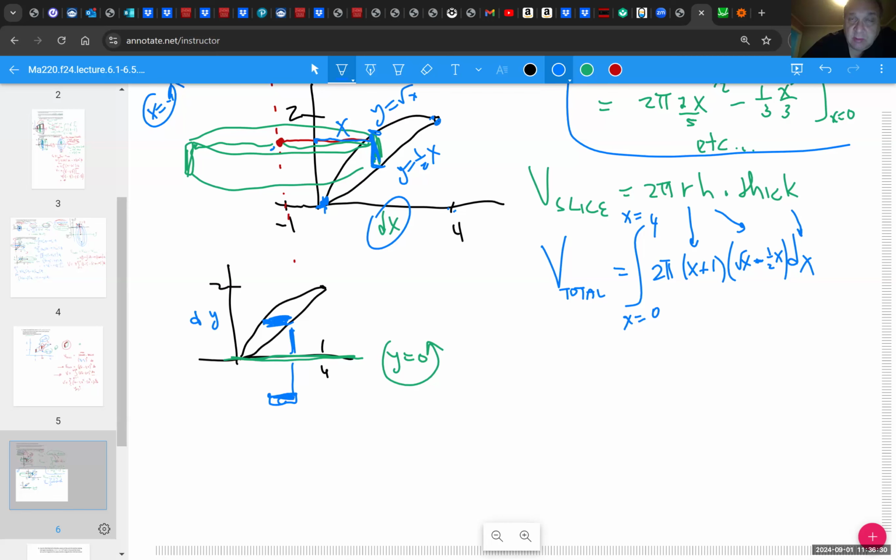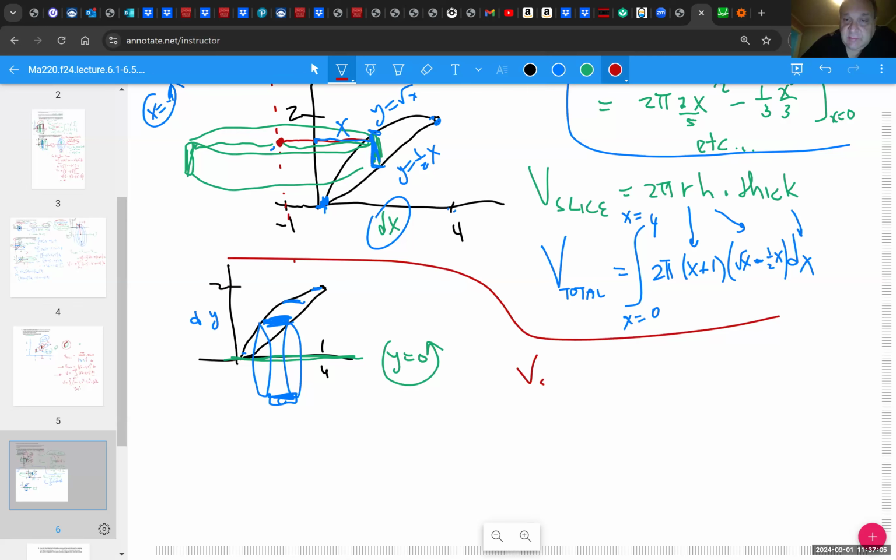So that's our cylindrical shell, the paper towel roll, whatever, that we're going to find the volume of. And then we're going to do all the other possible slices. These are all horizontal slices, so there are slices all over the place. All right, so let's find the volume of this one slice.